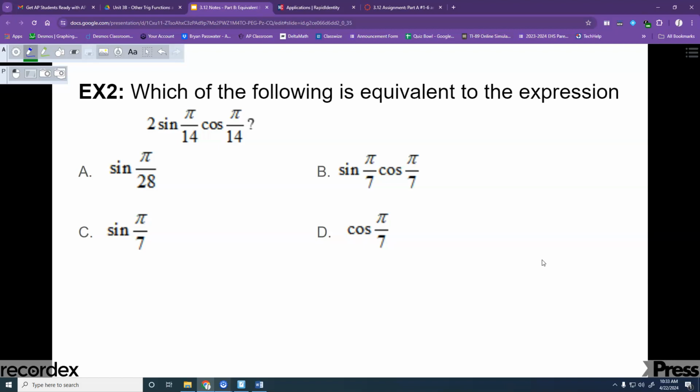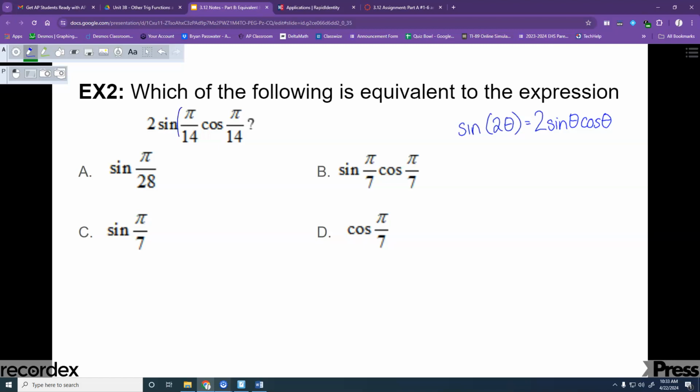Sine. So that sine formula says, the one we're thinking of here says that sine of 2 times an angle would equal 2 times sine of the angle cosine of the angle, right?